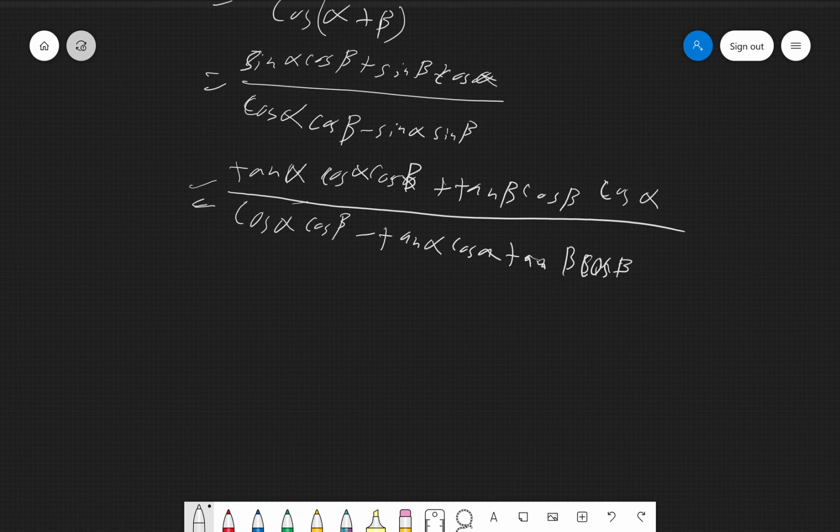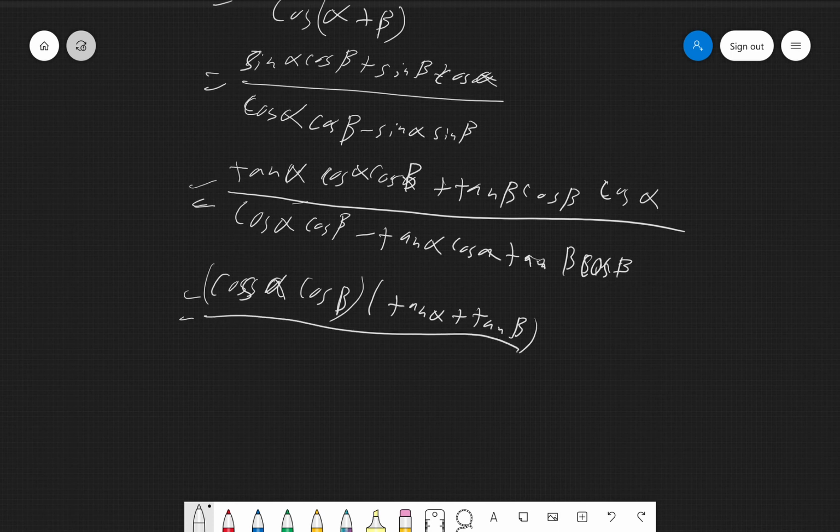So now that's equal to, if you factor it, the cosine of alpha times the cosine of beta times the tangent of alpha plus the tangent of beta, all over the cosine of alpha times the cosine of beta times 1 minus the tangent of alpha tangent of beta.